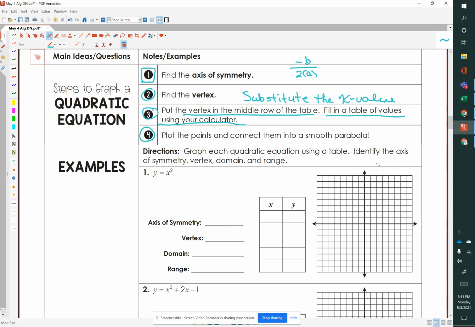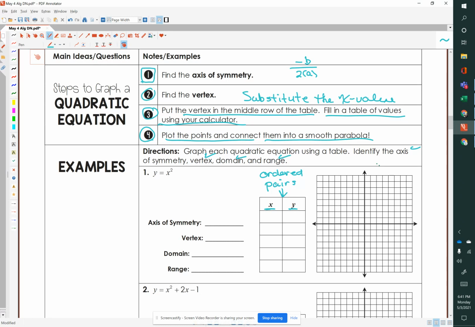Then when you get those ordered pairs, because you're going to have an x value and y value, so these will be your ordered pairs, just plot them on the grid and connect them with a smooth parabola. So our directions ask us to graph each quadratic equation using a table. We will identify the axis of symmetry, the vertex, the domain, and the range for each one of these quadratics.